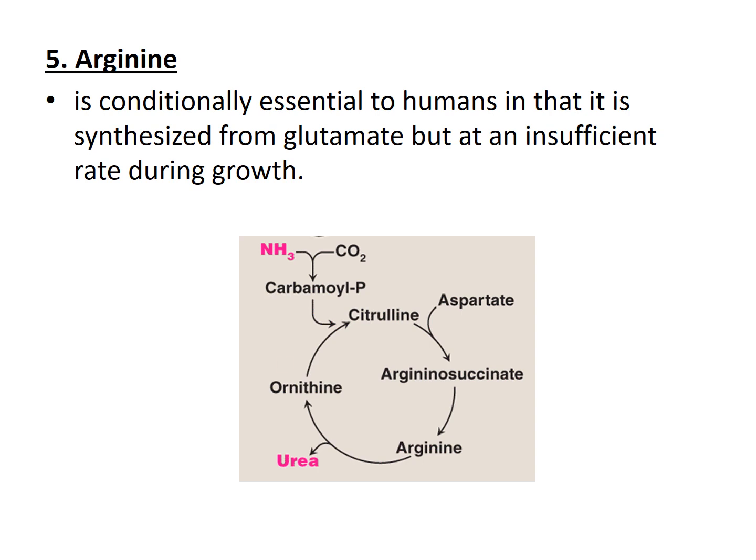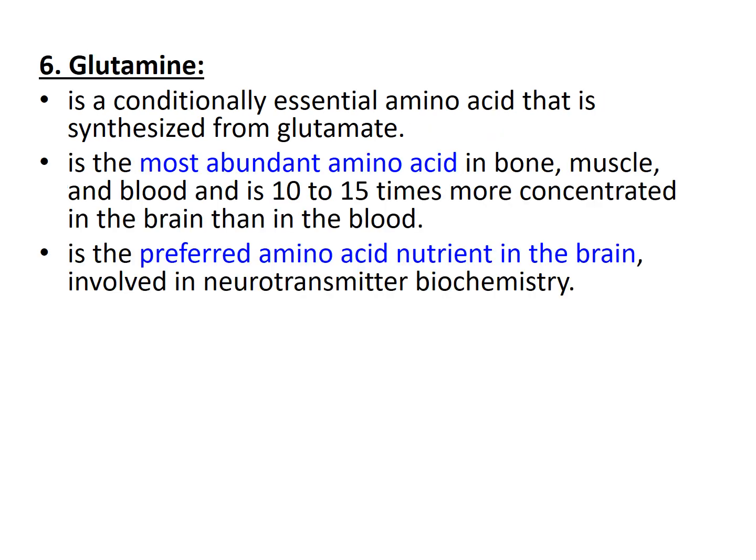All right, let's go further. Arginine is a conditionally essential amino acid. What does it mean? It can be synthesized from glutamate, but it is not sufficient for growth. So what do I mean by synthesized? It is actually synthesized as an intermediate of the urea cycle. So wait a couple of minutes and we will be there.